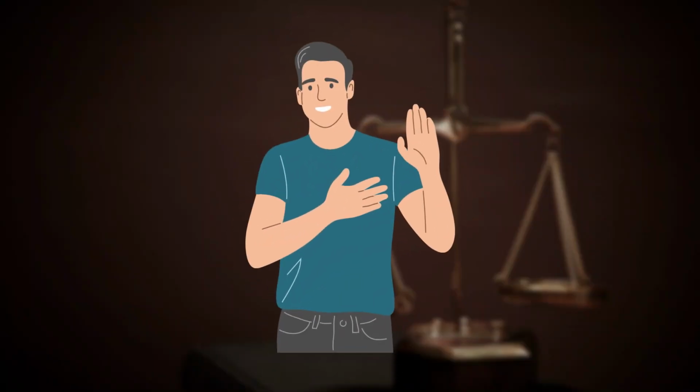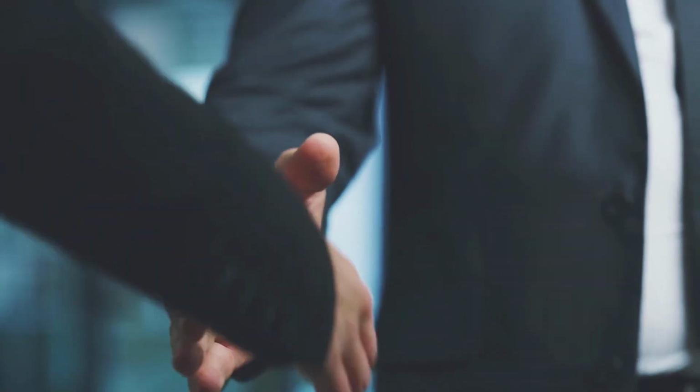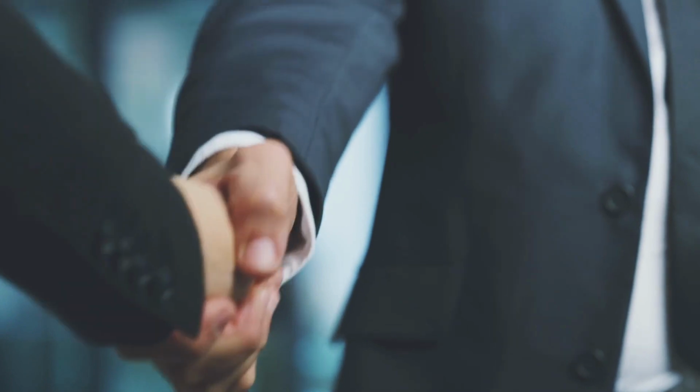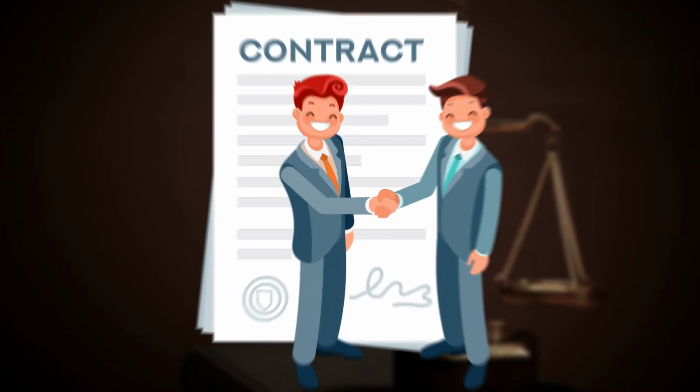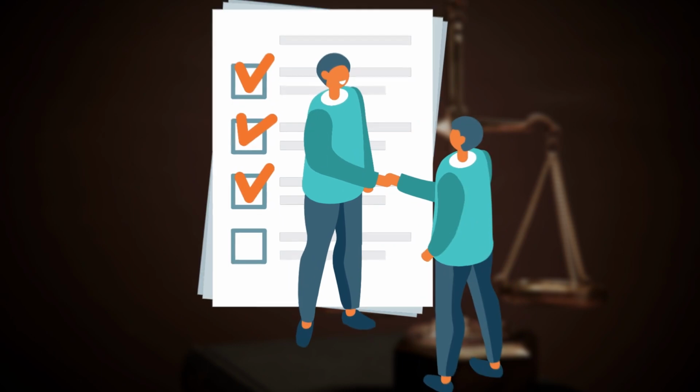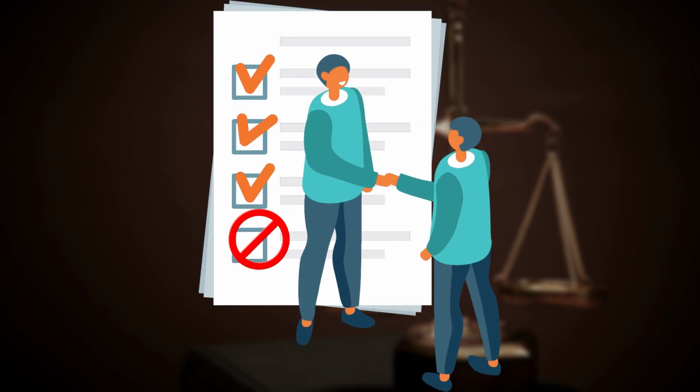Reciprocal promise means if I am promising you something, you are promising me something. If I have promised to meet you at 4 o'clock, then you have also promised to meet me at 4 o'clock. Here both the parties are making promises to each other to do or to abstain from doing something. It is called reciprocal promises.